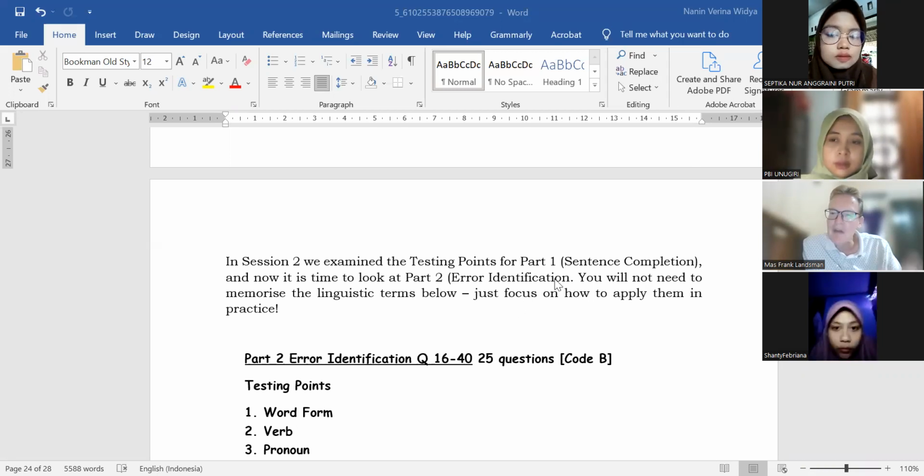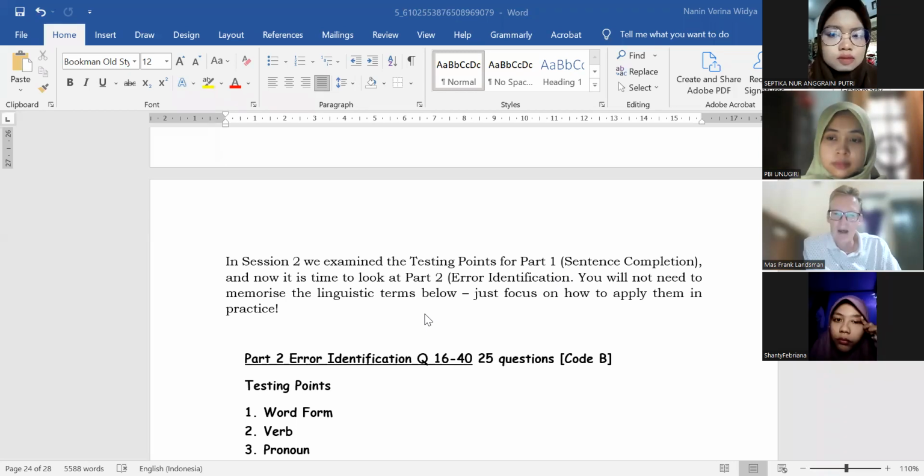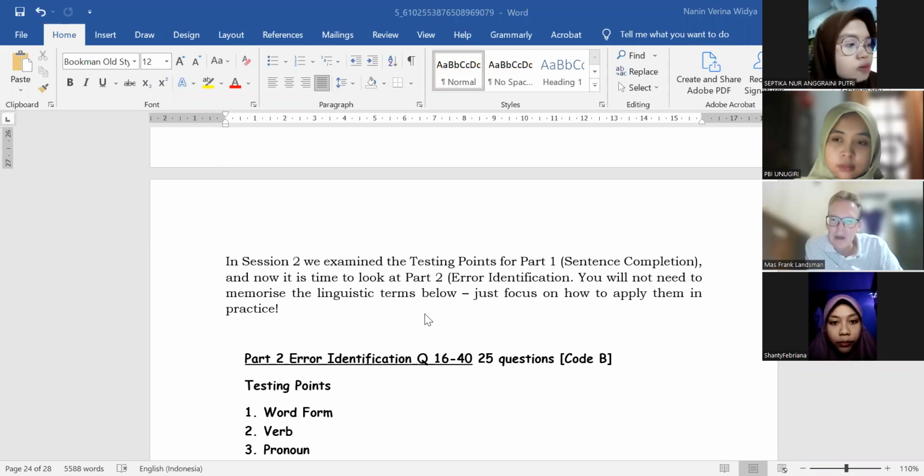In every sentence, one part has a mistake, satu kesalahan. You will not need to memorize, tidak usah dihafalin ya, the linguistic terms below. Just focus on how to apply them, menerapkan in practice.